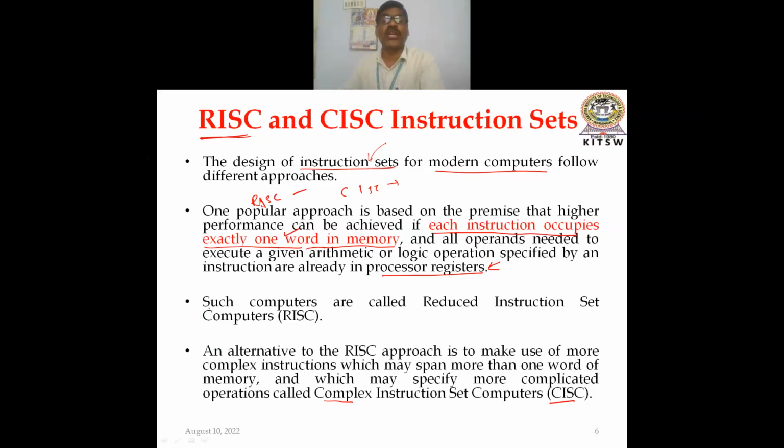In RISC computing, every instruction occupies a single word in memory, and the operands are specified in the processor registers. Whereas in complex instruction set computing, the instruction occupies more than one word. You have to understand this difference.